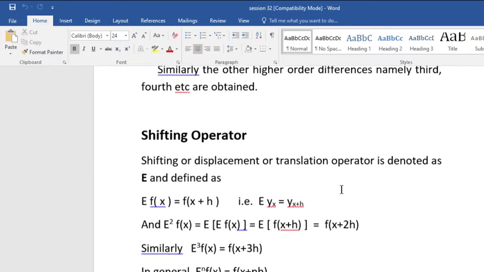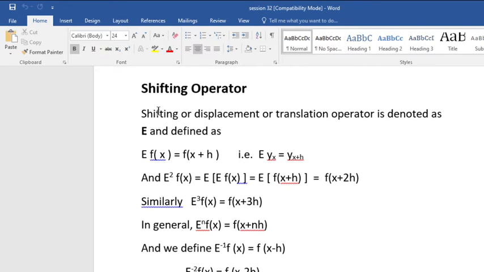Next we shall define another operator, that is the shifting operator. The shifting, displacement or translation operator is denoted by the symbol capital E and is defined as E of f of x is equal to f of x plus h. In terms of y we can write it in this way also, E of y x is equal to y of x plus h.